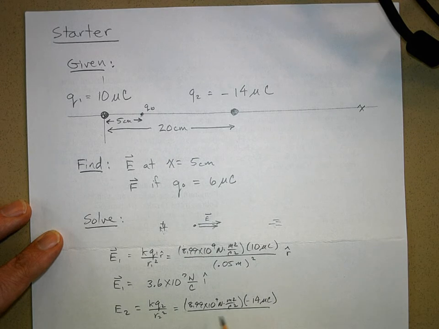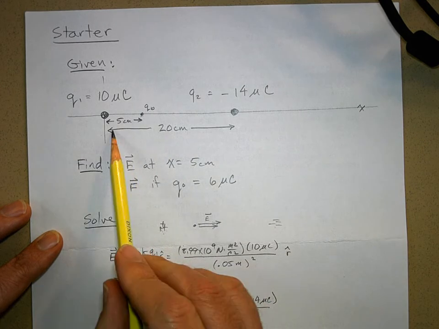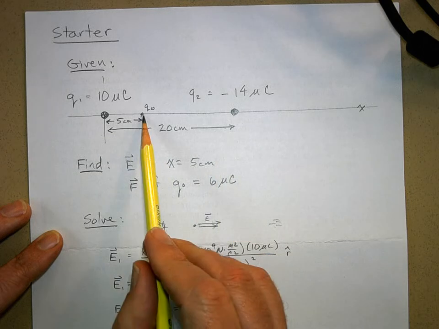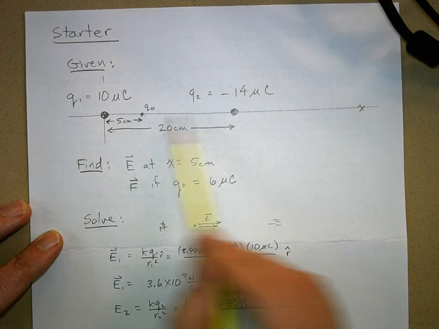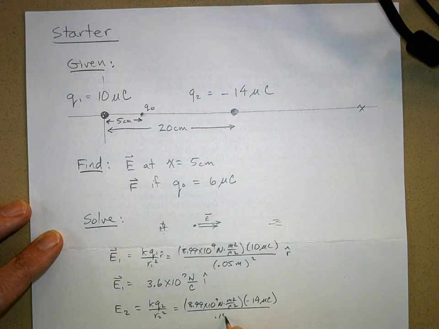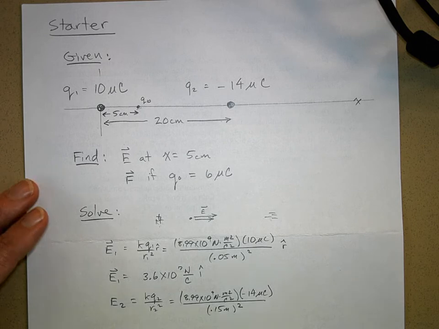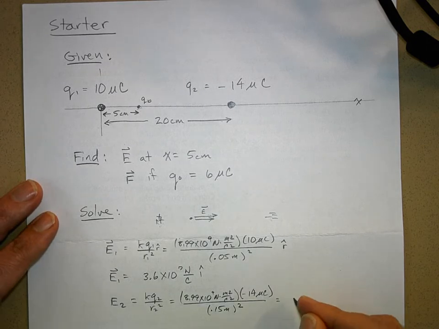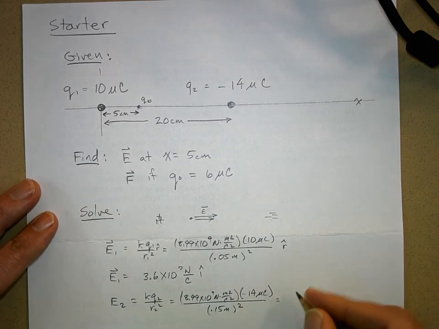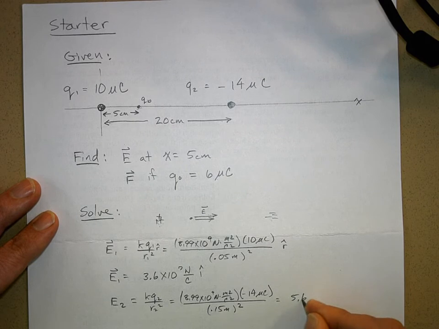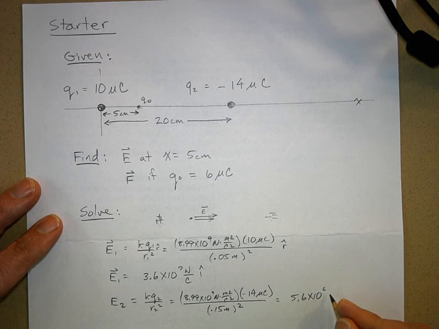And then you have R2, and so if this is 20, this is 5, so this is 15, or 0.15 meters. And you square that. And this is what I got: 5.6 times 10 to the 6 newtons per coulomb.